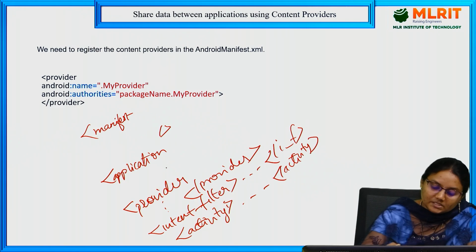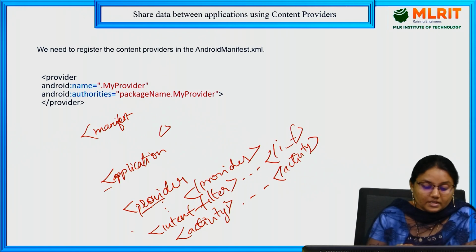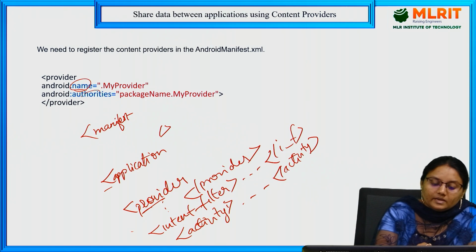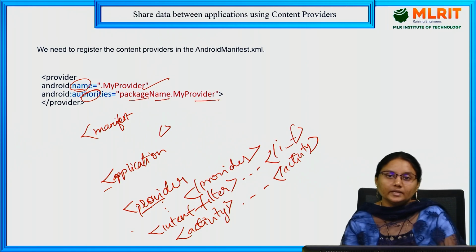So in between the application, you need to give this provider. What are the attributes of the provider? Provider name and authorities. Name may be my provider, whatever you are giving. Then package name dot my provider will be the authority.